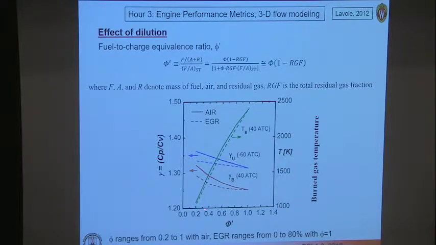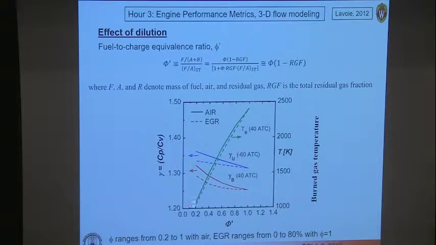And in this case, they went from 0 to 80%. So when they go to 80%, the equivalence ratio is still 1. But you have 80% of the charge is residual gas, already burnt combustion products. Okay, so now we can understand this plot. As I change phi prime, which is either EGR or equivalence ratio, you see the effect on temperature, on burn gas temperature.